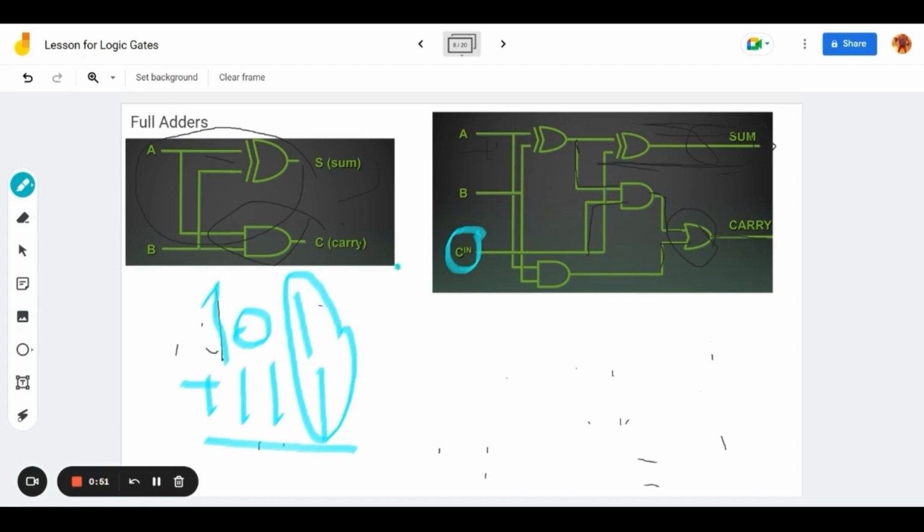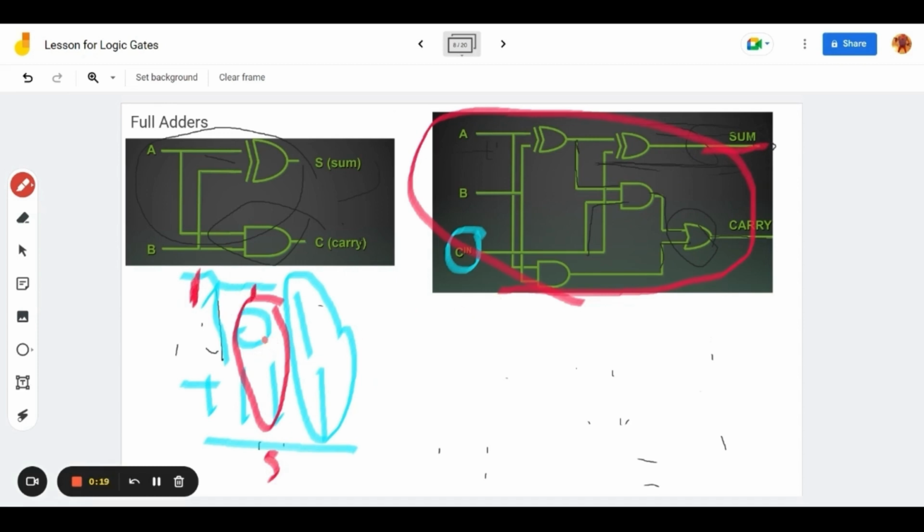So depending on how many rows there are, that is how many full adders you have. Right now there are two rows here, right? So this whole entire full adder represents this row, as whatever sum we get here will be the sum of this row, and whatever carry we get here will be the carry of this row.